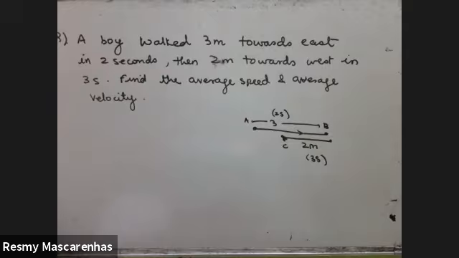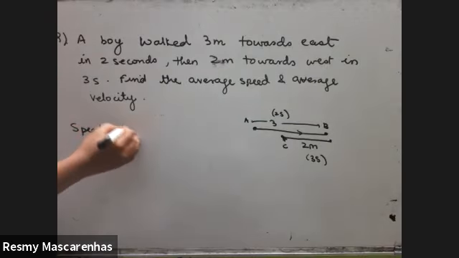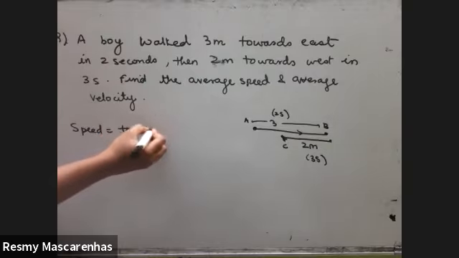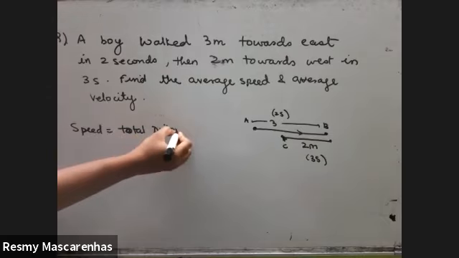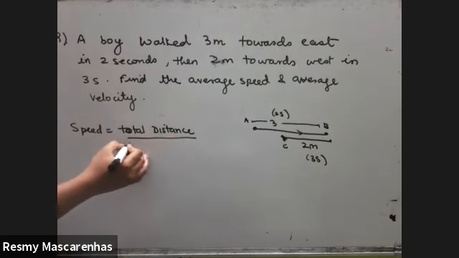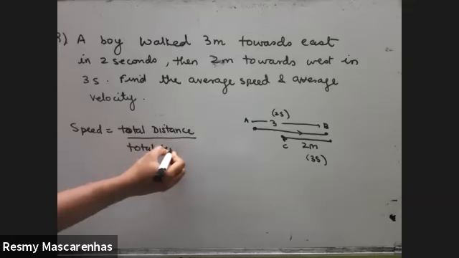Now let us calculate the speed. Speed will be nothing but, as per the formula, total distance upon total time.